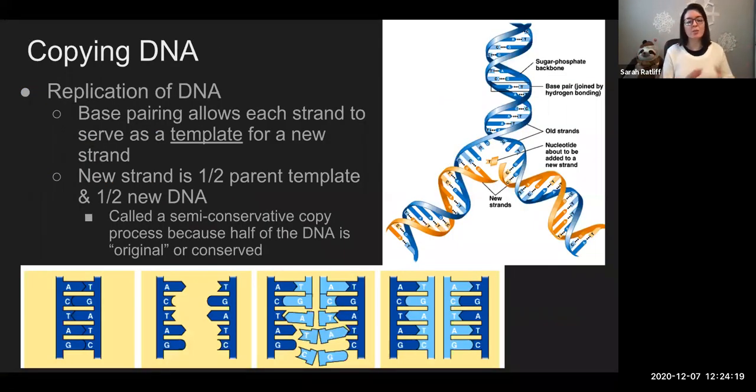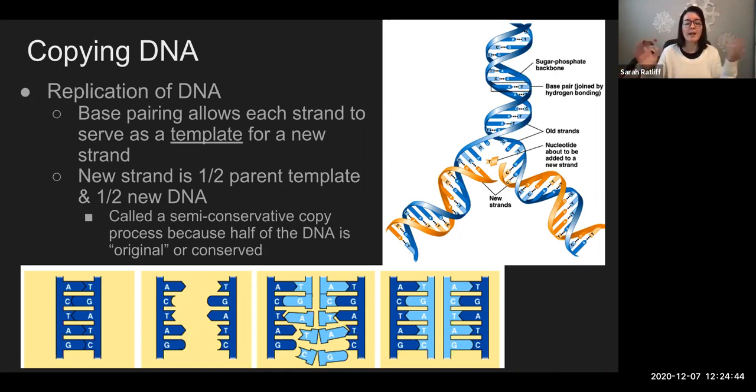Now we're going to get into how we copy our DNA. We're getting a little more into this new territory. So in our top right corner, we have one look at it here. The blue, or the darker color here, is our original DNA strand. It's going to get split in half because we're able to break those hydrogen bonds very, very easily.